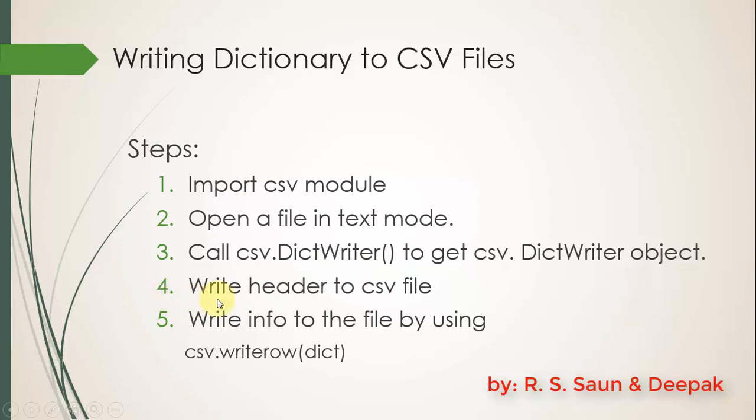If you like, you can write a header, which I always do because it's convenient to always have a header at the top. Okay, and then we have two methods, csv dot writerow and writerows method. Writerow will write only one dictionary to your csv file, and writerows method will write the complete list of dictionaries. So let's see one example how to do it.